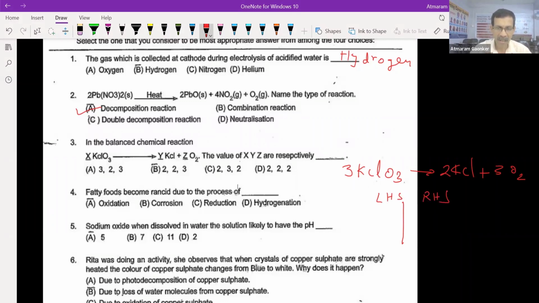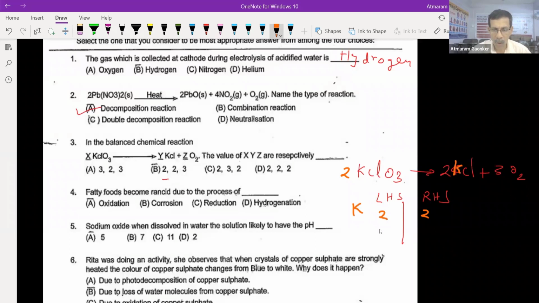If you select this 2, 2, 3, yeah, it is 2, 2, 3. So if we select this, you see here potassium will be 2 on the left hand side, and here potassium is 2 on this side also.